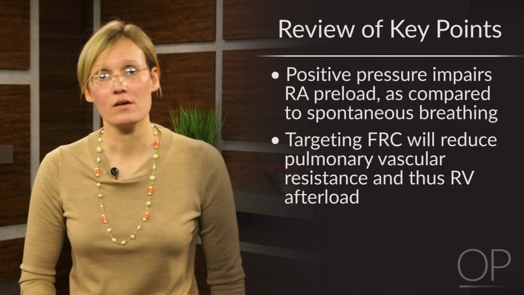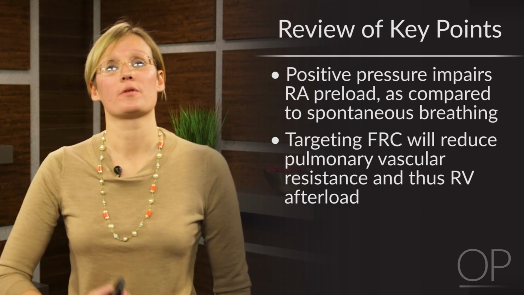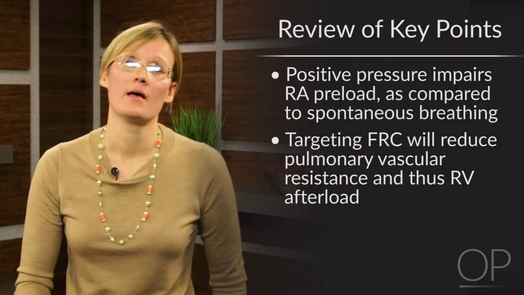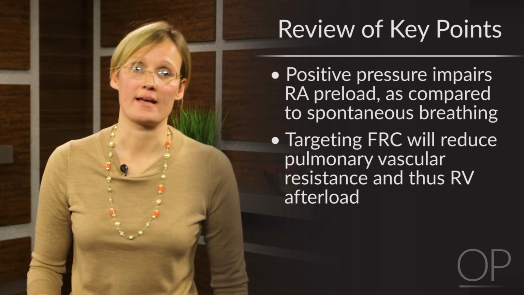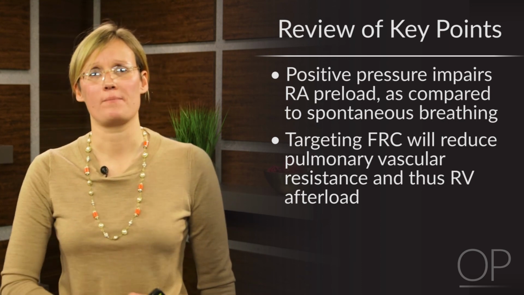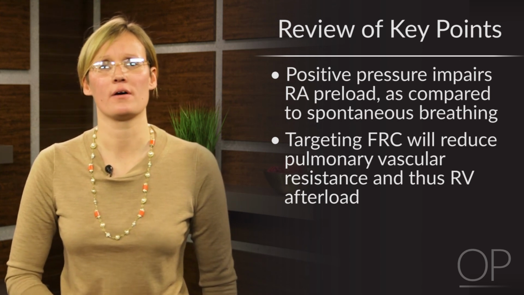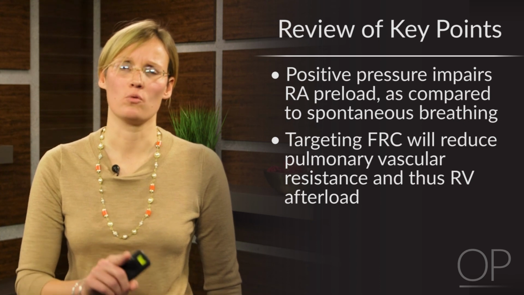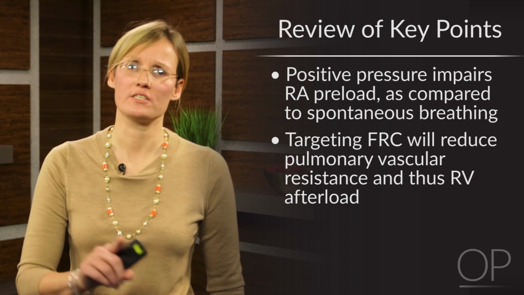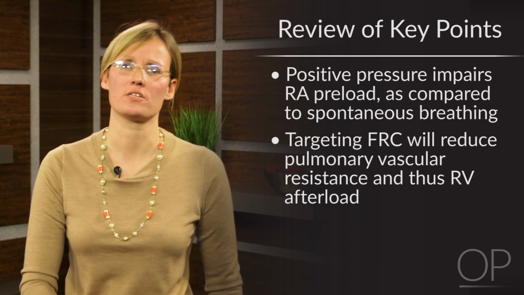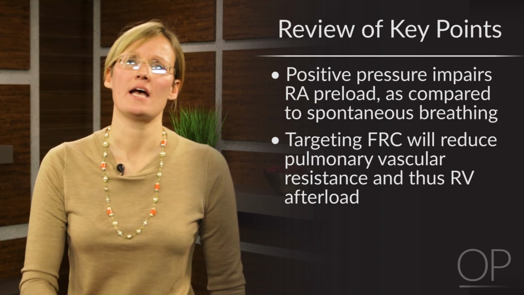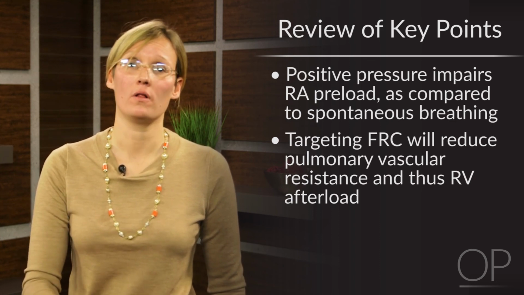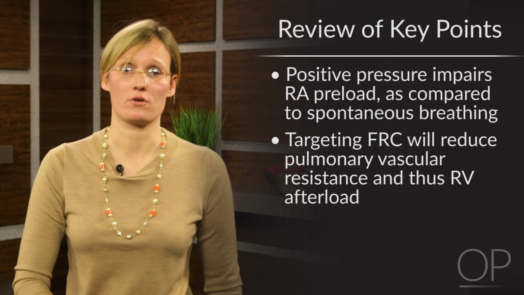And if we do that, ultimately the output from the right side of the heart will be higher, and you will potentially have more cardiac output. So it's a mixed story on positive pressure ventilation in the right side of the heart. But I would argue that if you're careful with your volume status and you're aware of the issues of preload, you can successfully use positive pressure ventilation to ventilate to FRC, and you can actually result in an overall very happily functioning right side of your heart.